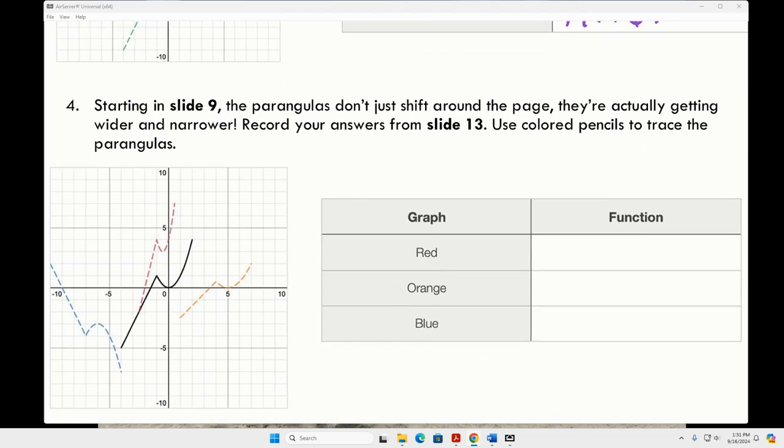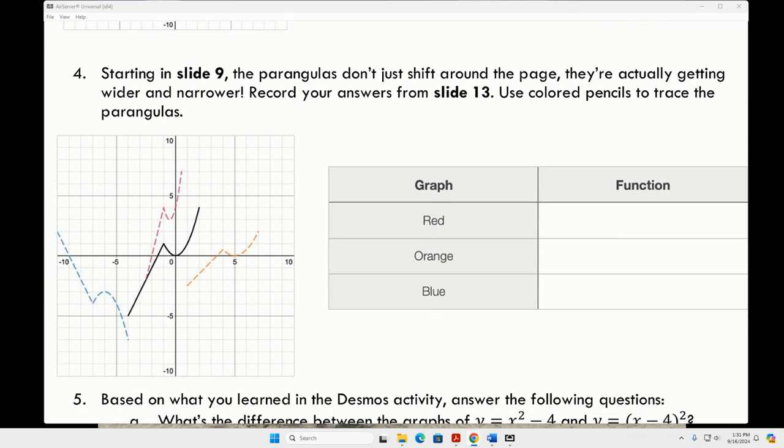Okay, the stretches and reflections are definitely more difficult to do, particularly the horizontal stretches and compressions. So we have this black one that we want to rewrite or transform until we get this red one. One of the things that's not too terrible on this particular problem is that it went up 3.